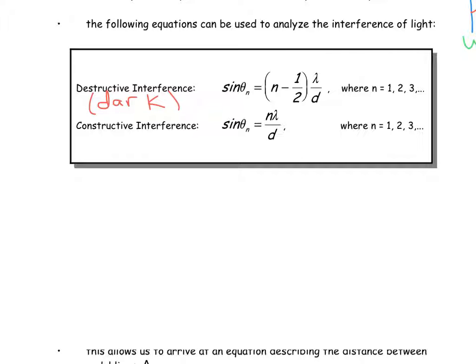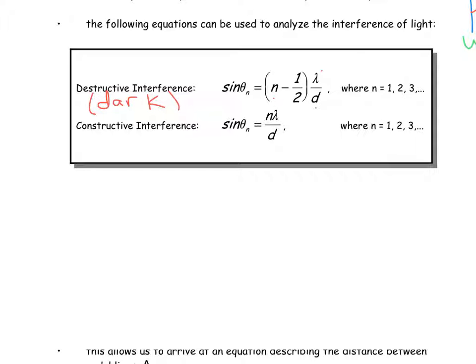The variables: theta is the angle formed between the nodal lines, n is our nodal line, d is the distance between our point sources, and lambda is of course our wavelength.